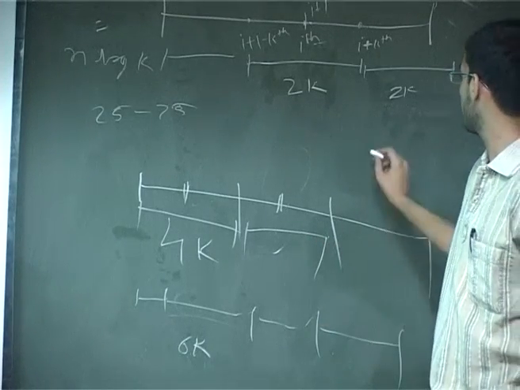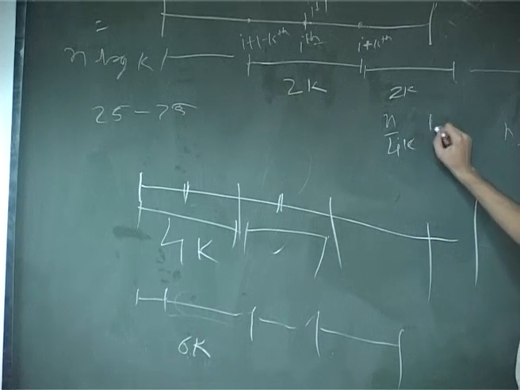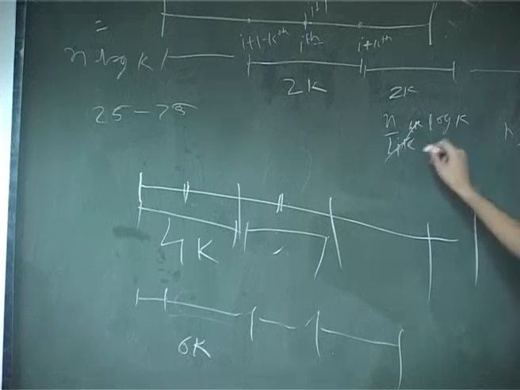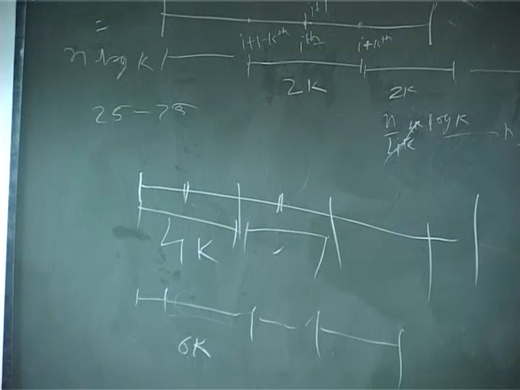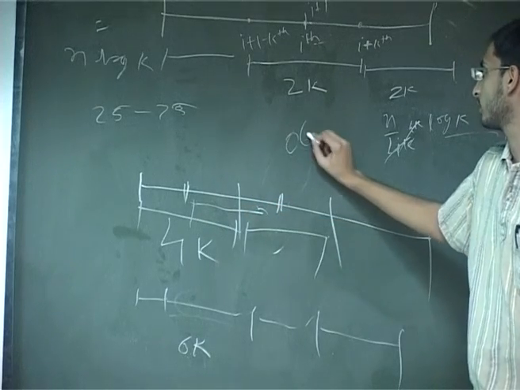This way the time complexity is n by 4k into 4k log 4k, which is n log k. So sorting can be done in n log k. The only extra steps required are these merging steps, which will be of order n.